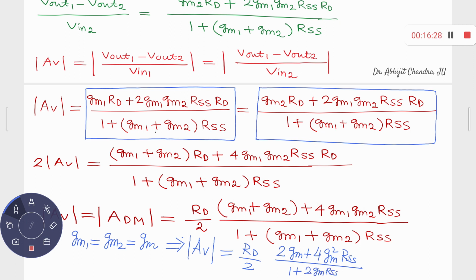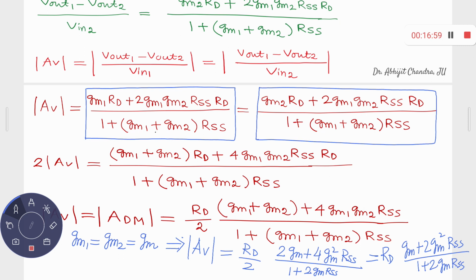That can be written as GM plus 2 GM square RSS upon 1 plus 2 GM RSS. You are not familiar with this expression because that time RSS was also infinite. We made two changes. One change in the form of GM1 not equal to GM2.